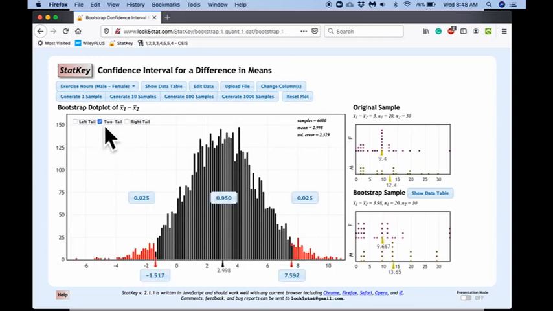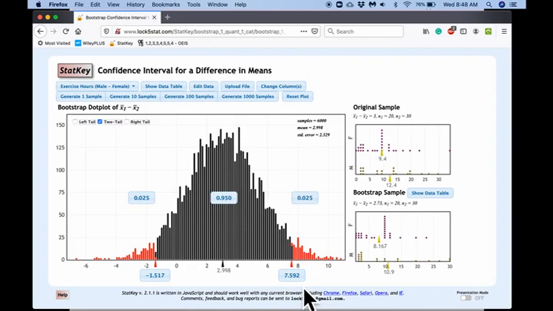So we just go to two-tail. It defaults to the middle 95%. And so this tells us that our confidence interval is going to extend from about negative 1.517 to 7.592. So there's our 95% confidence interval for the difference in those population parameters, mu sub m minus mu sub f.